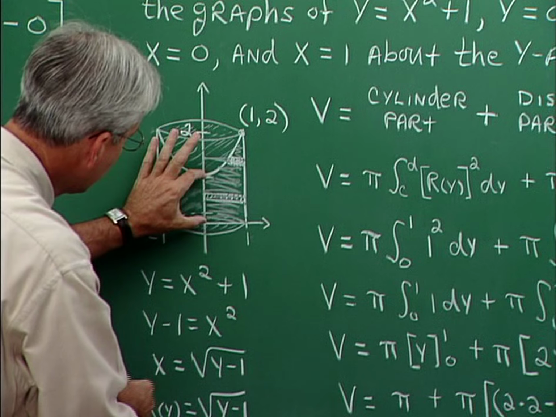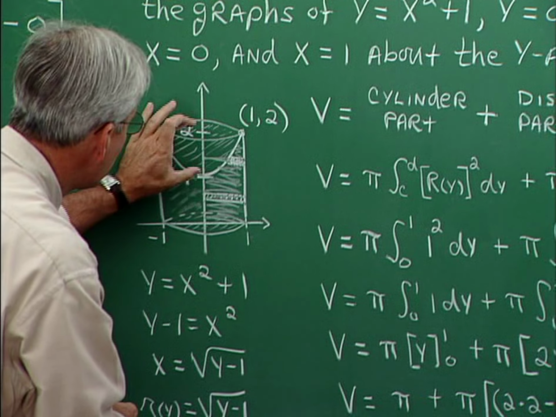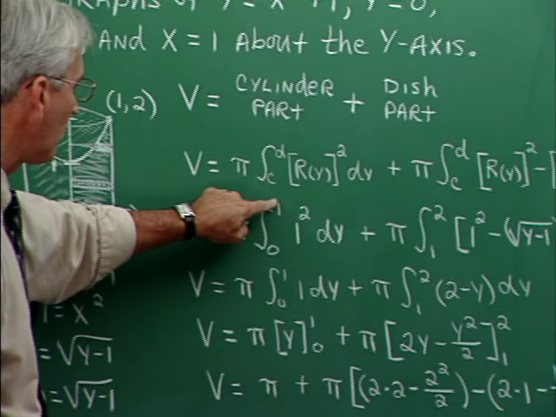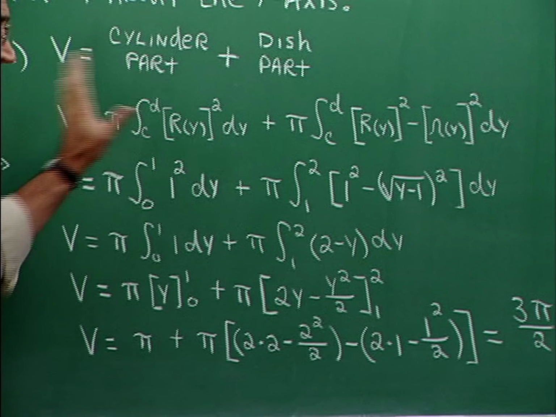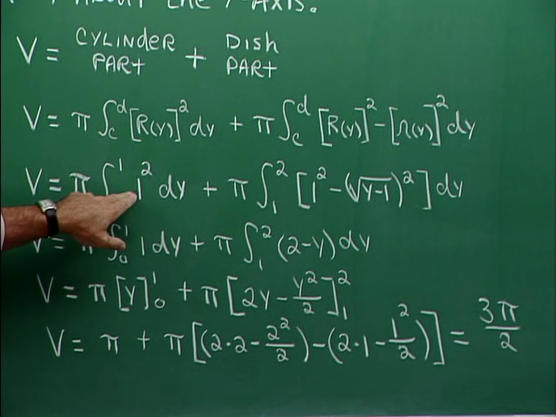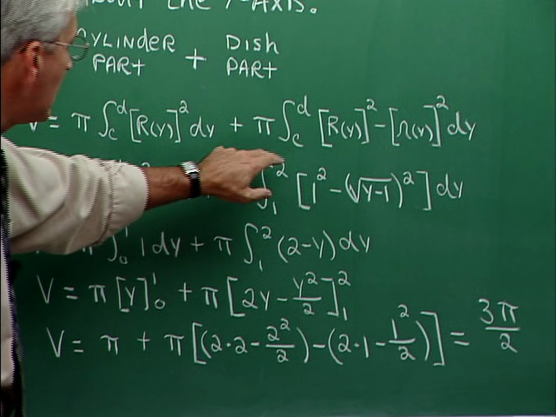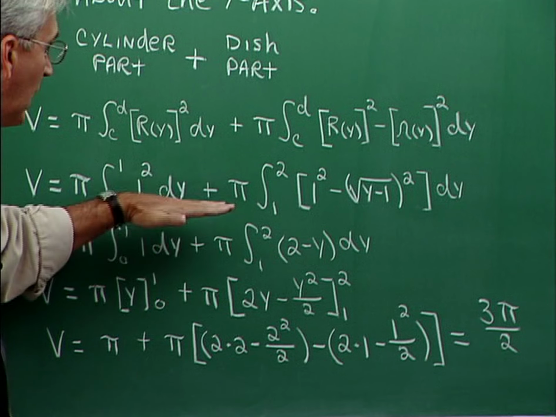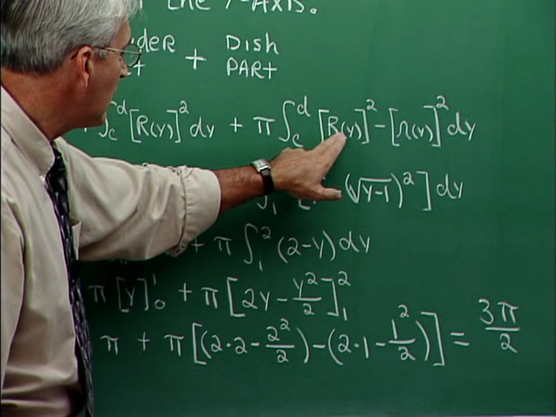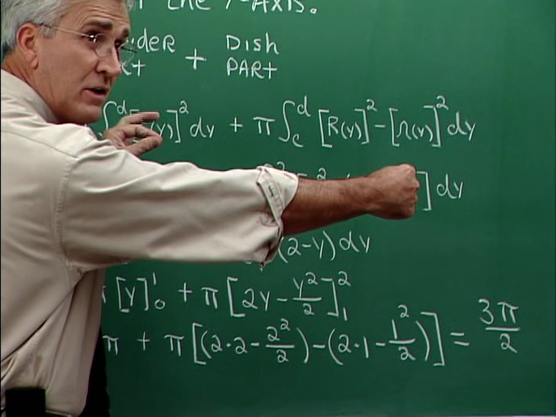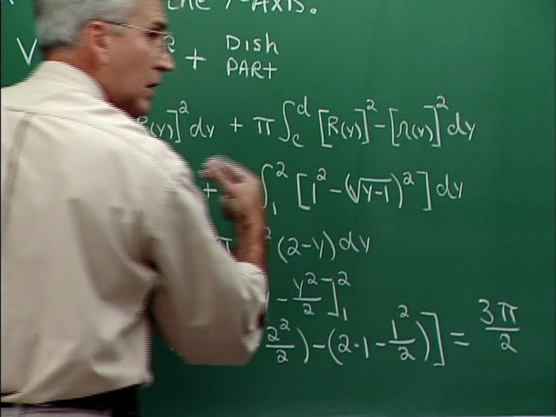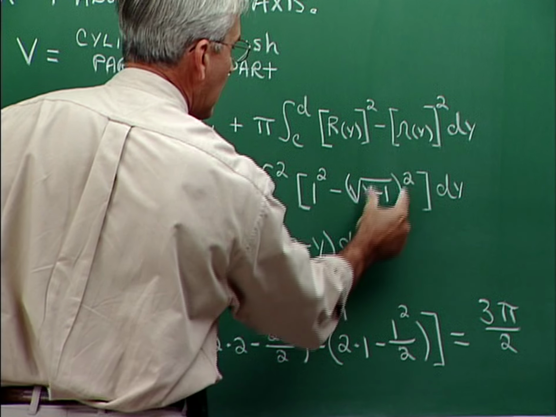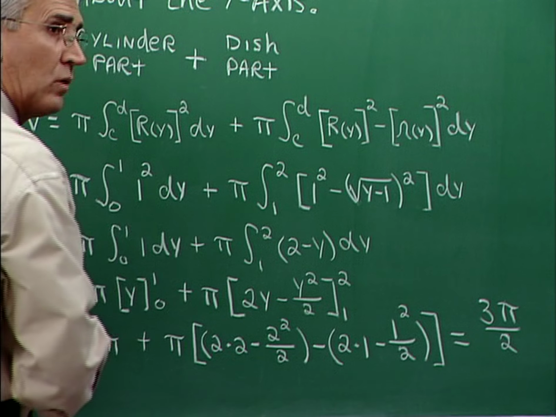The cylinder part is from 0 to 1, and the dish part is from 1 to 2. So that's why here we're integrating from 0 to 1, and the radius along that entire interval is just 1, and it's squared. And then over here, we're integrating along the interval 1 to 2, along the y-axis. And again, the big radius all the way out to the edge of our figure is 1, and then the curvy part is the square root of y minus 1.